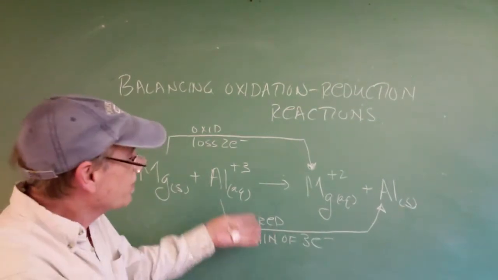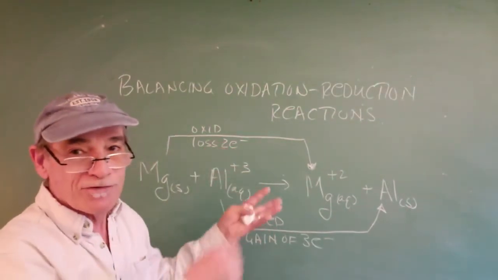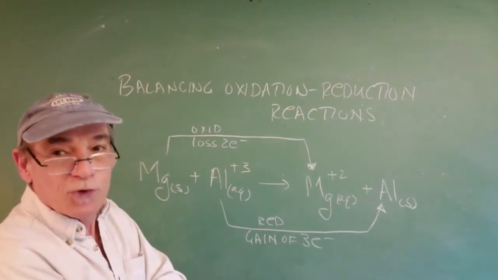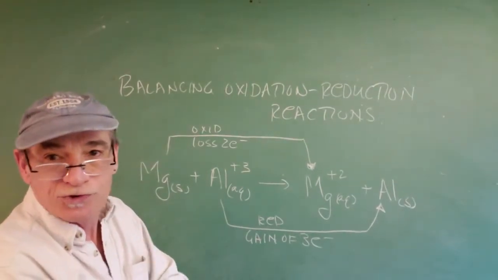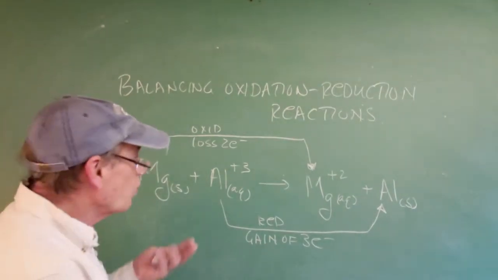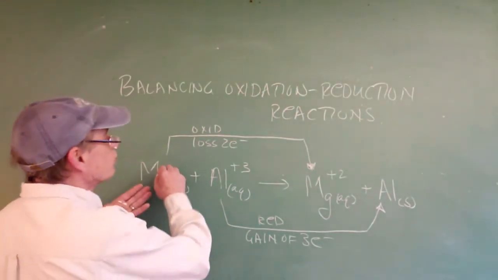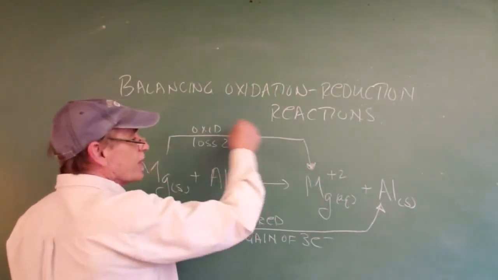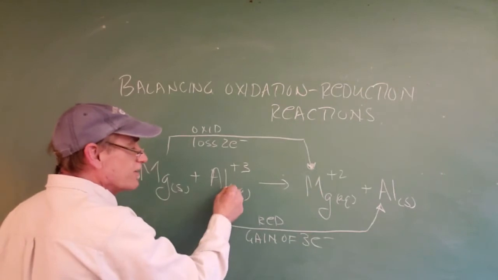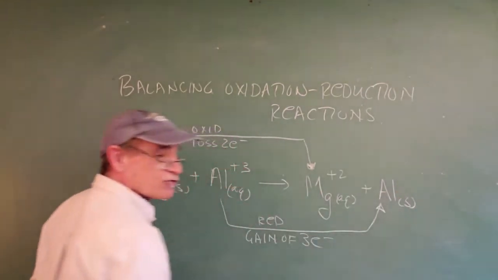To get rid of this imbalance, to resolve that, we're going to have to bump this up to the lowest common multiple of 3 and 2, which would be 6. So what if I were to triple my oxidation half reaction and double my reduction half reaction?